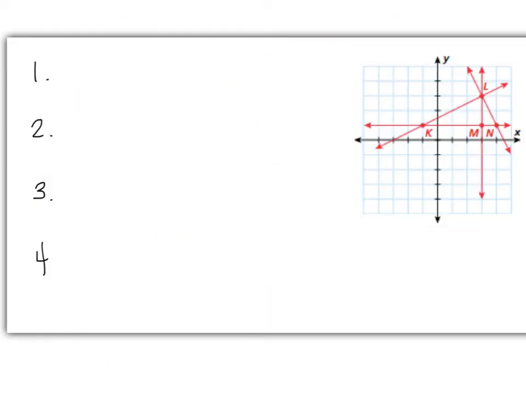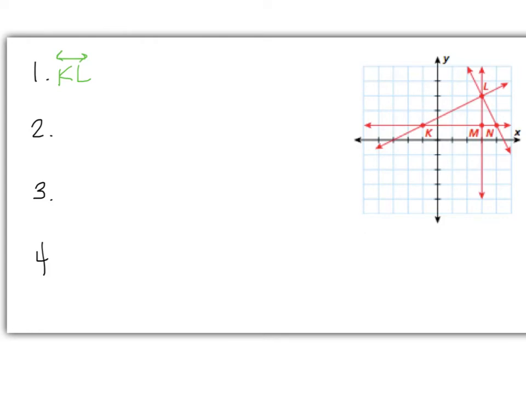Okay, what we're going to do is we're going to use this figure over here, or this coordinate plane, to help us find different slopes. So the first slope that we're going to look at is line KL. So if I look here, here is K and here is L. If I read this from left to right, I'm seeing an incline. So I know that this is going to be a positive slope.